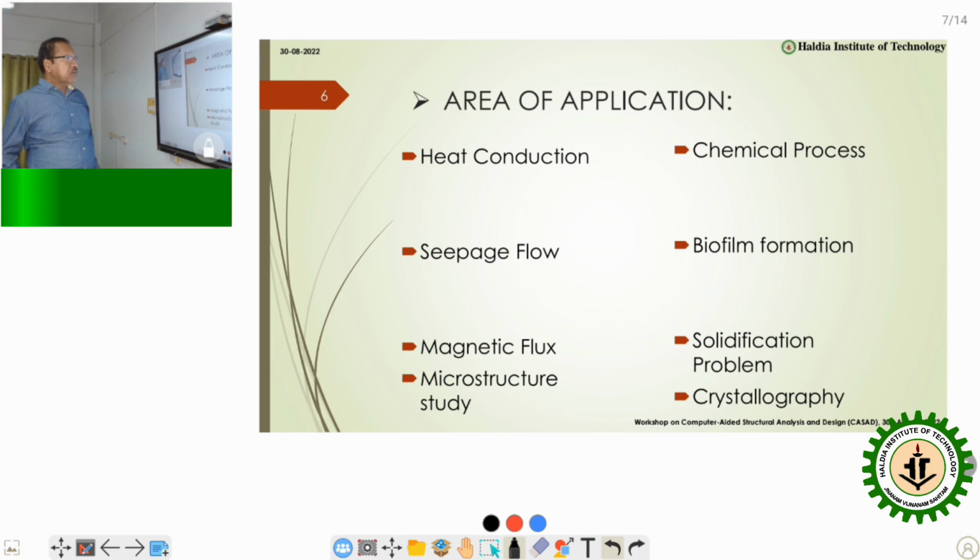Then can come chemical processes. In the chemical process, the amount of material input and the products, the rate of chemical reaction, with the addition of some heat, some reagents, which are basically catalysts, can be predicted by the finite element method.